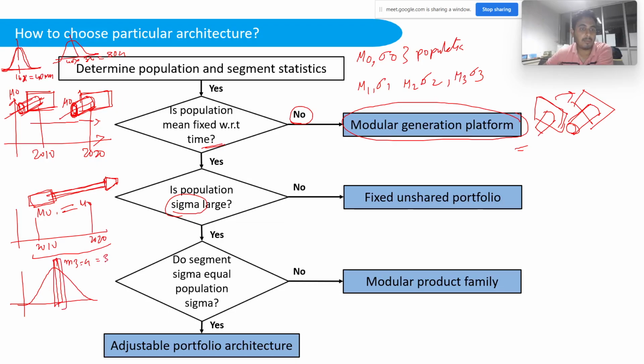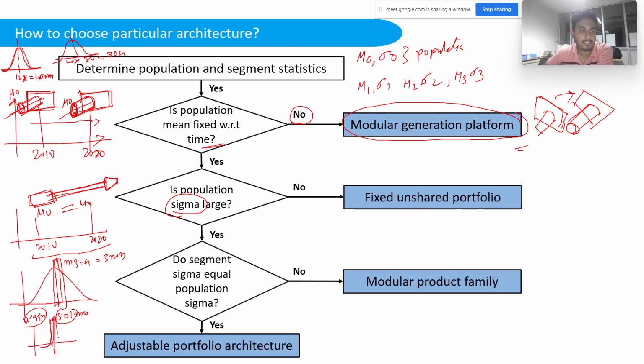M3 means 3 mm. There cannot be screwdrivers of 3.01 mm or 2.99 mm. Otherwise, it will not fit that particular screw, so it will not serve the purpose. That means the variation is very less.